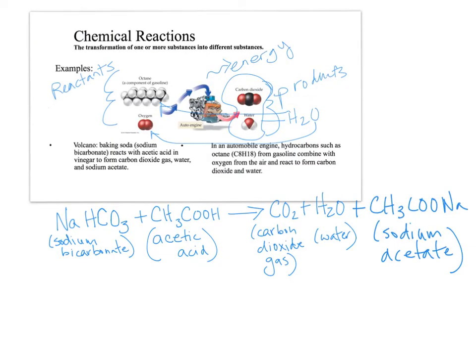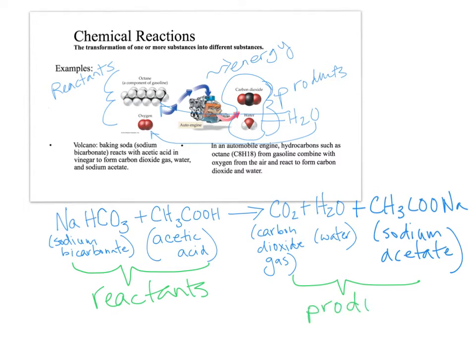In this chemical reaction, the sodium bicarbonate, which is the baking soda, and the acetic acid in the vinegar are the reactants that recombine to create the products, which in this case are the carbon dioxide gas, the water, and the sodium acetate. Heat is also released in this chemical reaction.